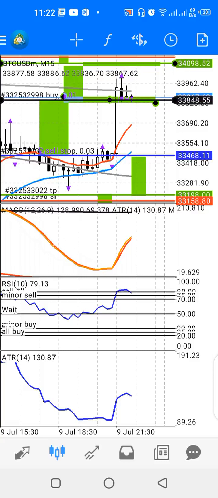The reason is that 0.08 plus the existing 0.01, that's 0.09. 0.09 will balance our ratio, which is ratio 1 to 3, 3 times the opposing lot size. Remember, the opposing lot size is 0.03, which was initially a sell stop, which is now, if triggered, a running sell order.